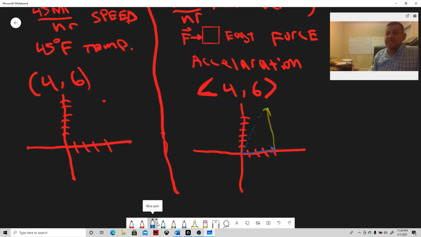But this is the basic idea of how a vector works. It basically represents a magnitude in a direction. In this case, this vector is going northeast.